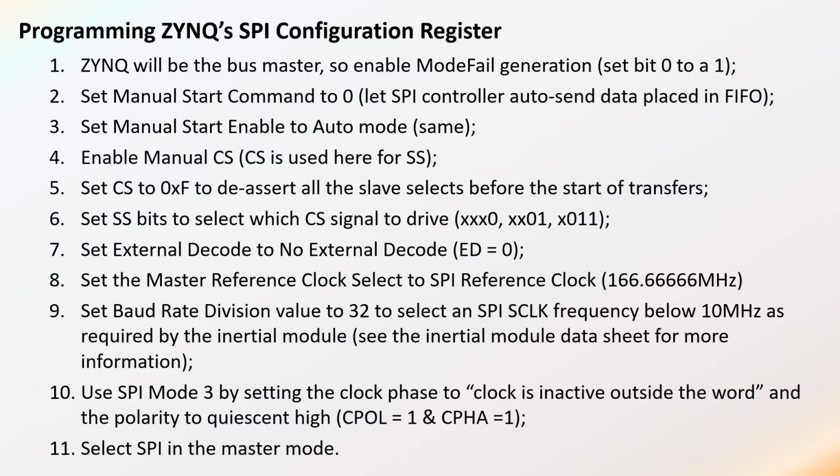Enable manual chip select. Now, first of all, somebody in the documentation called the Xilinx signals CS instead of SS. So for this discussion, CS, chip select, and SS, slave select, we're going to use interchangeably.